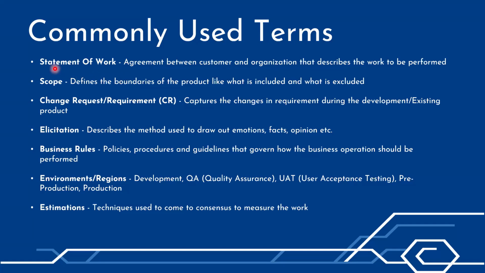As a BA, do you read the SOW often? The answer is no. But you will keep hearing that how the work needs to be performed is defined in the SOW. For example, I work for a US health insurance company. In the US, they run multiple insurance programs, and one of them is Medicaid.